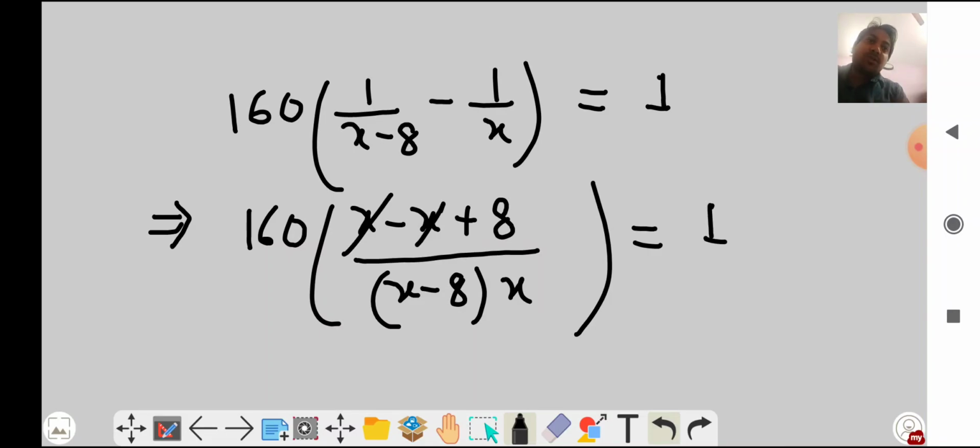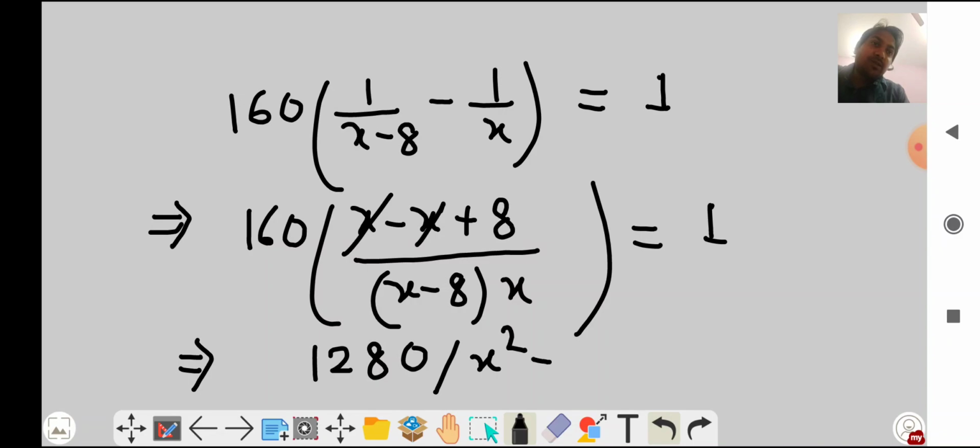The x cancels out. 160 multiplied by 8 is 1280, divided by x into x minus 8, so it will be x square minus 8x, and this is equal to 1.